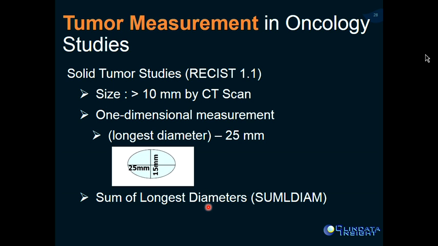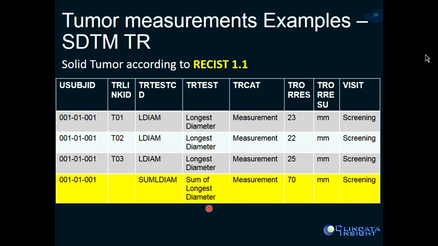If there are 3 targets, we sum those 3 targets. In this example there are target 1, target 2, and target 3 tumor sites, and one is 23, one is 22, one is 25. So we sum them up for that patient at the visit. Now it's 70 millimeters, and this is going to be compared at each visit to determine how the tumor responds to the drug.